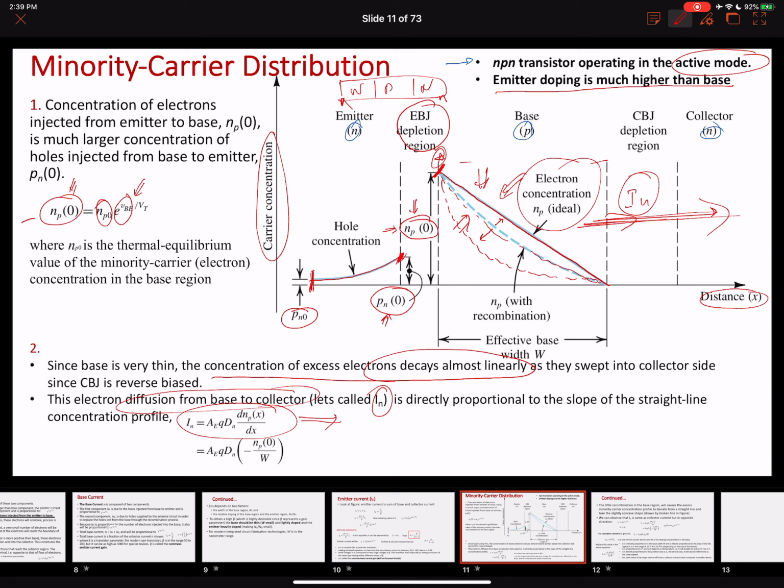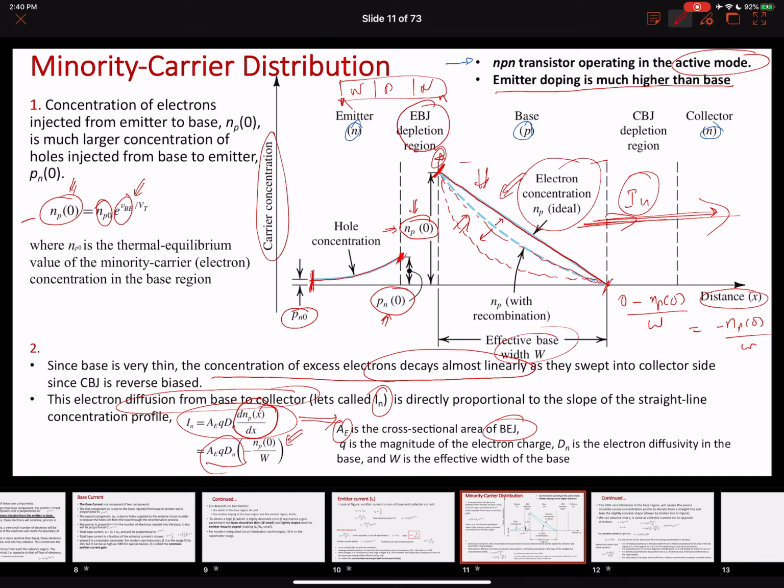Our current, the diffusion of these electrons from the base to the collector, depends on the slope of this line. To find the slope, this is 0 minus the starting point NP0 over the width, so the slope of dnp(x) over dx is minus NP0 over W. Then we have these constant values related to the transistor, where AE represents the cross-sectional area of the emitter-base junction, Q is the magnitude of the electron charge, Dn is the electron diffusivity, and W is the effective width of the base.